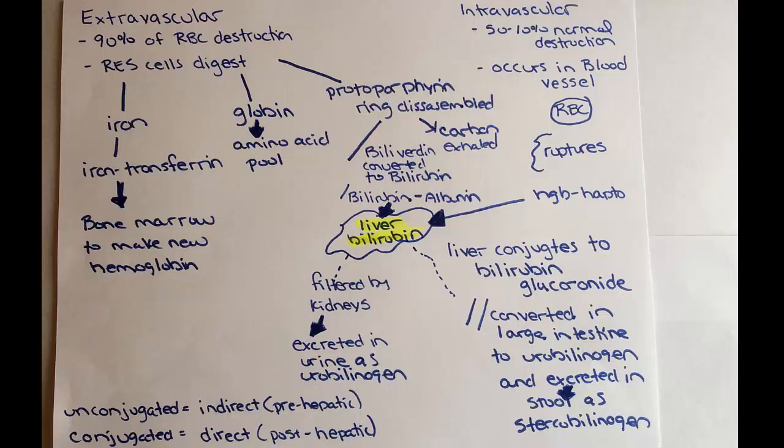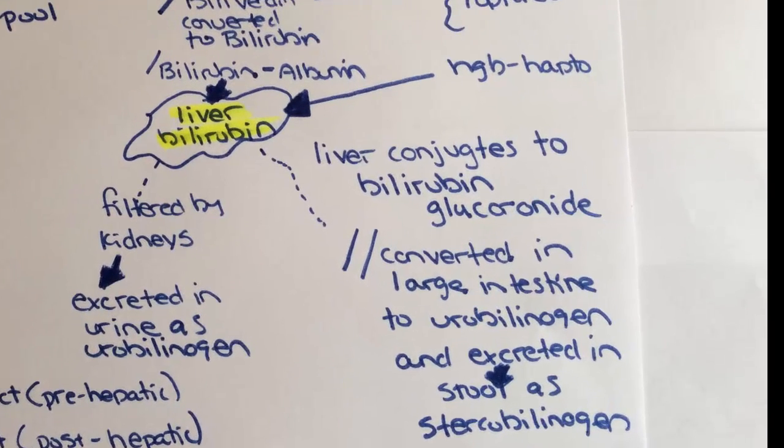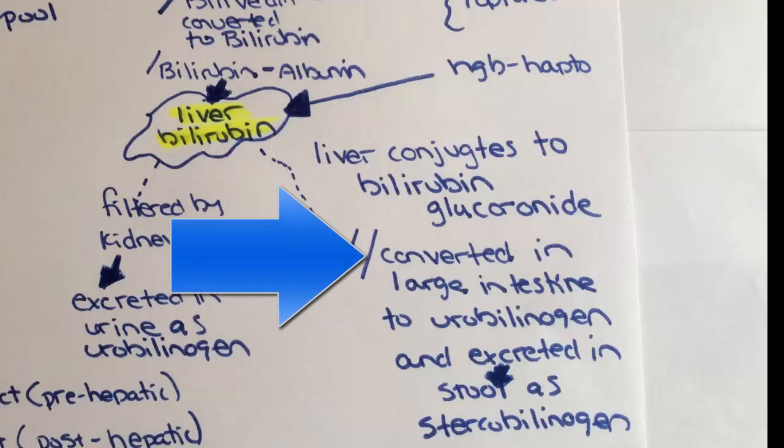But anyways, going back to our normal red blood cell destruction, we're going to concentrate now, we're in the liver with this bilirubin. Most of it came from extravascular destruction of red cells, but a little bit of it came from intravascular. So in the liver, this bilirubin conjugates to a bilirubin glucuronide.